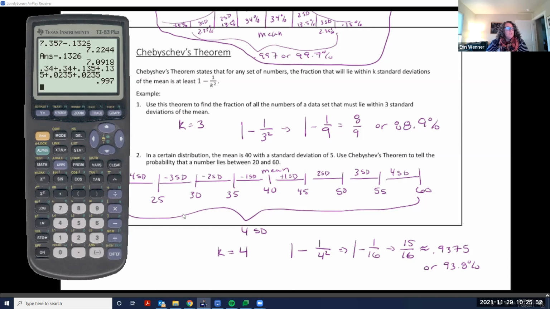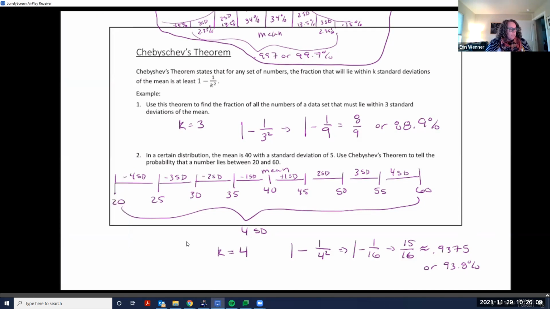So again, in order for us to answer this question, we first had to apply the standard deviation to figure out how many standard deviations out we are from the mean. And then that's going to tell us what our K value is so that we can use it.